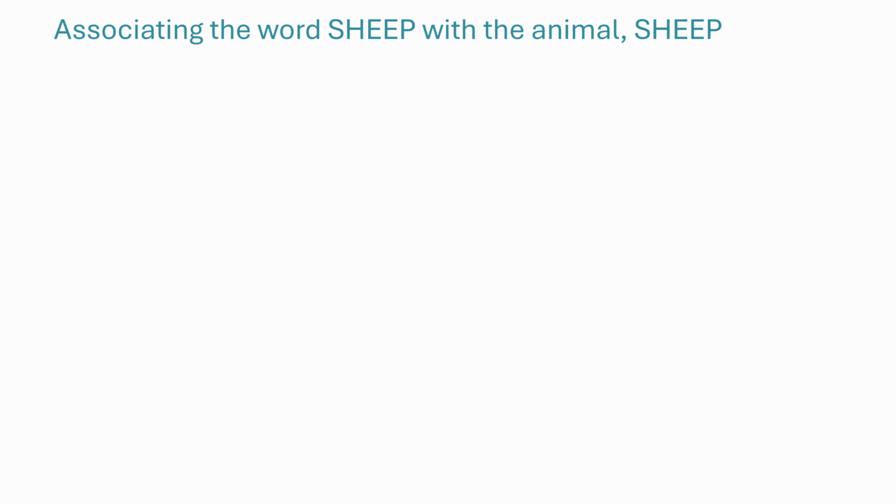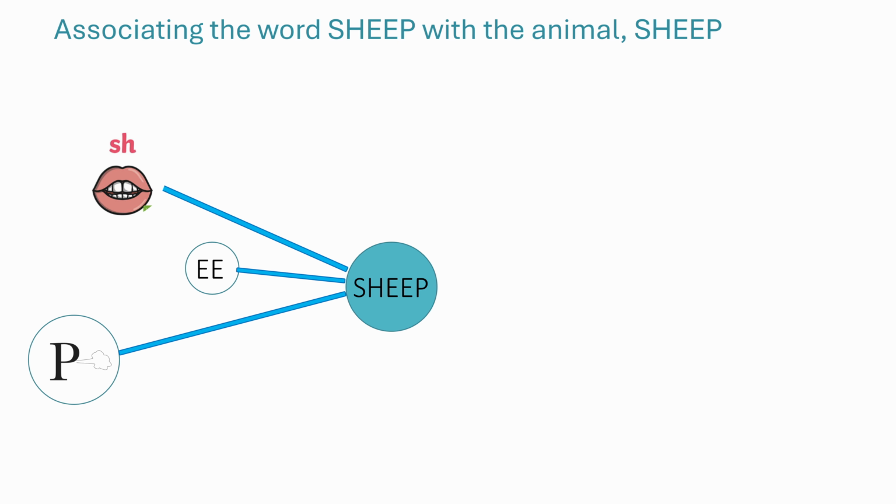So let's have a look at how our brain can operate. Let's say that we're a younger child and we want to learn the word sheep, and we want to associate it with the animal that is a sheep. For that schema to happen, for that concept or idea to be linked, the following has to happen.